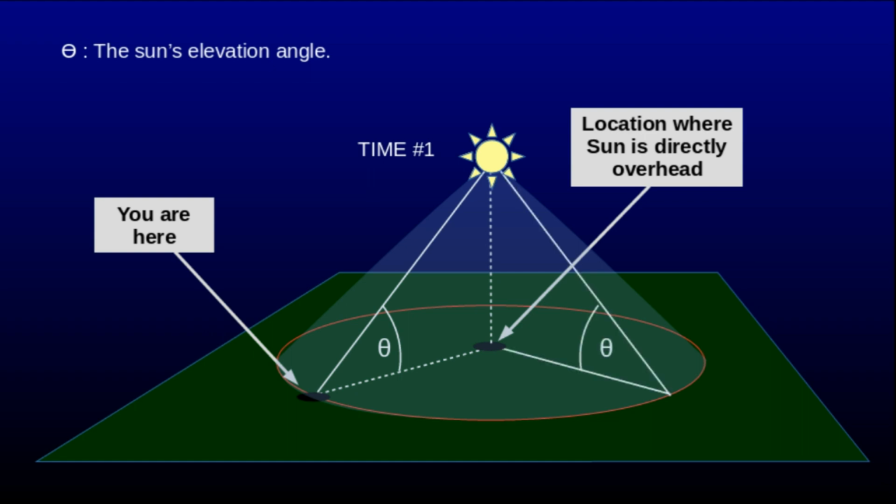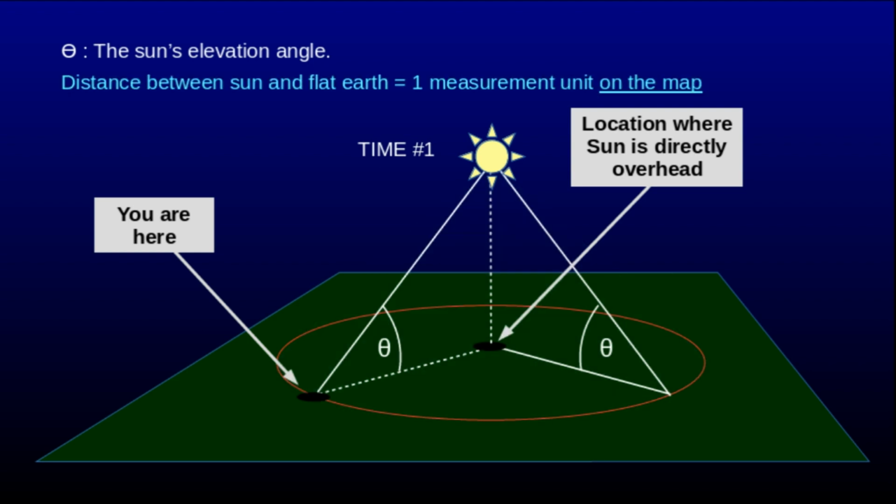So anywhere where I can complete a triangle by drawing lines between the sun, the location where the sun is directly overhead, and the edge of the circle, will have an angle theta and an angle at 90 degrees. So this is our triangle for determining the position of the sun on our map. Now what we'll do is we'll invent a map unit. And we'll call that distance between the sun and the flat Earth one map unit.